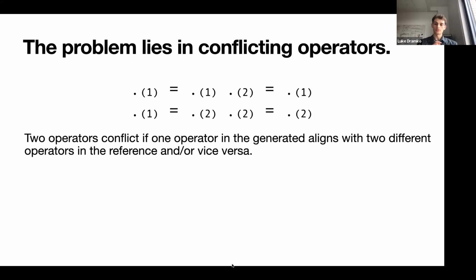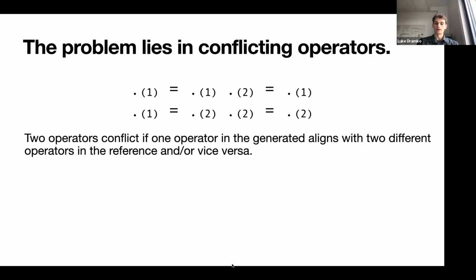It's something that we call conflicting operators or conflicting mappings. We say that two operators conflict if one operator in the generated aligns with multiple operators in the reference, or vice versa. If you look at the column that we have here, using the convention that generated is on the left and reference is on the right, the first attribute access in the generated aligns with the first attribute access in the reference, but it also aligns with the second attribute access in the reference.